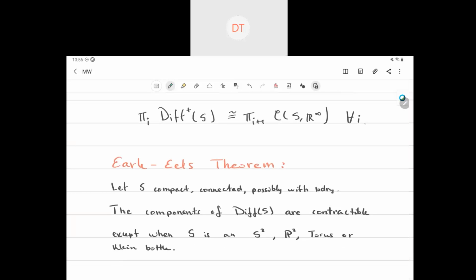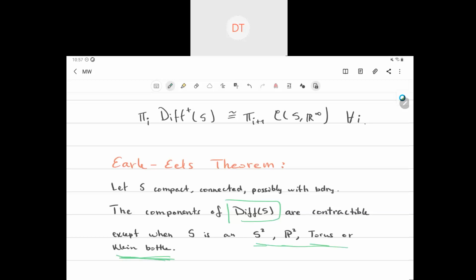So the Earle-Eells theorem says the following: if S is a compact connected surface, possibly with boundary, then the components of Diff(S) are contractible except when S is S^2, RP^2, the torus, or the Klein bottle. Basically, if we stay away from these surfaces, then the components are contractible.